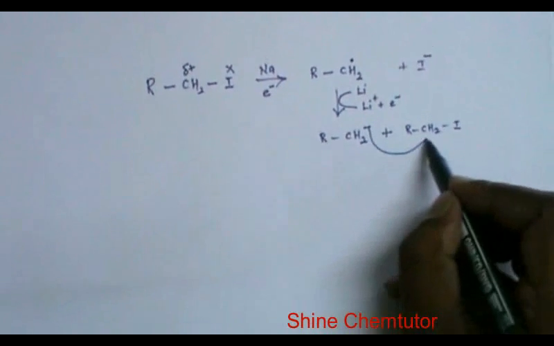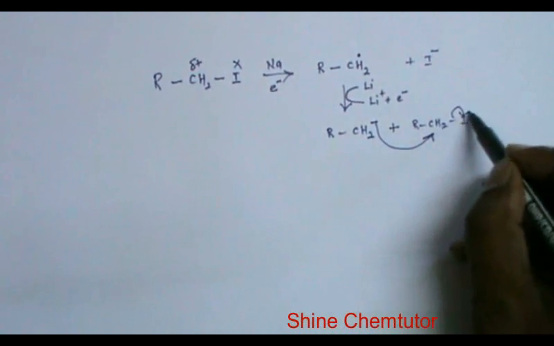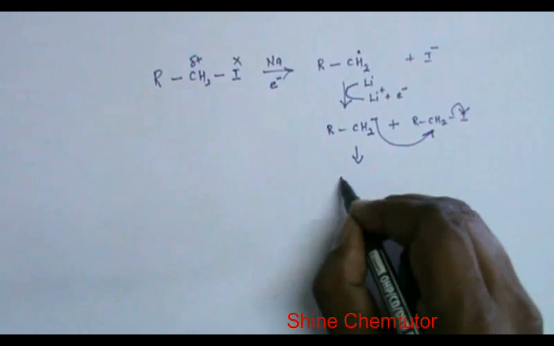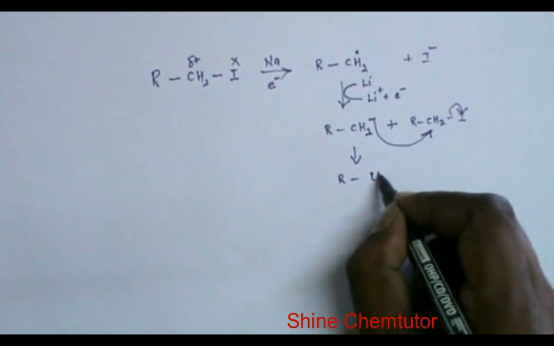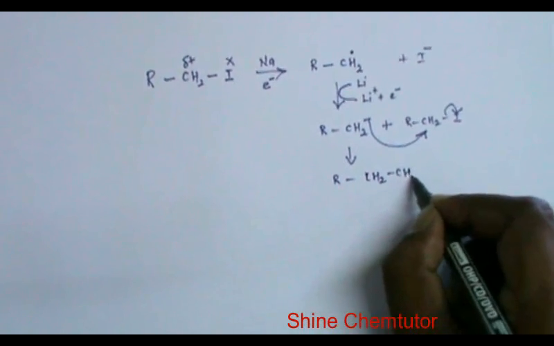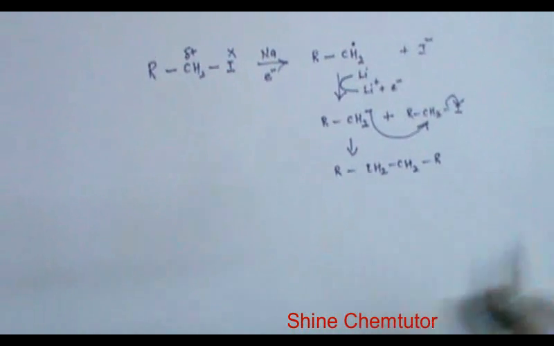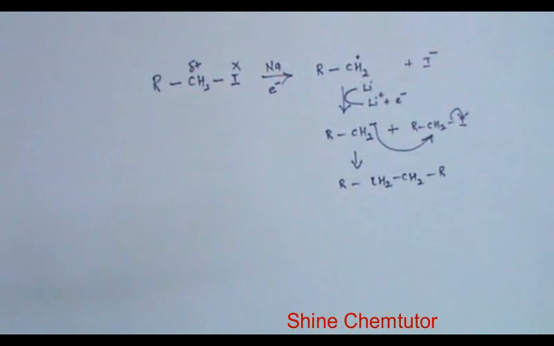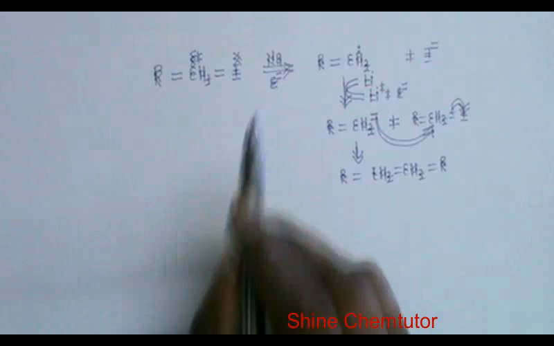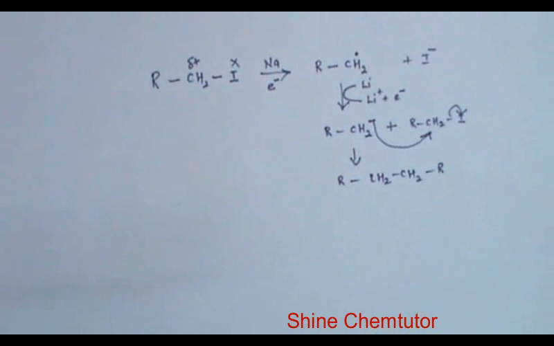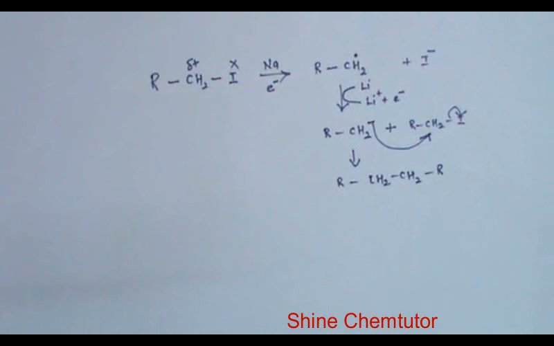Immediately this will attack, and what you get is the coupled product. So alkyl iodide, in the presence of sodium, gives the coupled product, and that is called Wurtz coupling. So basically it involves transfer of single electron to the electropositive atom.